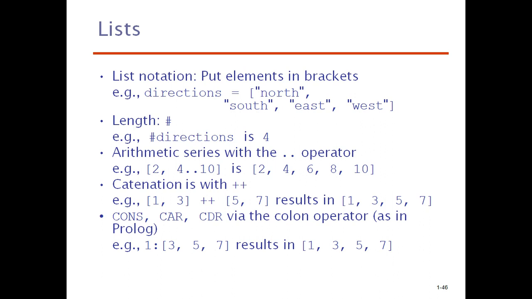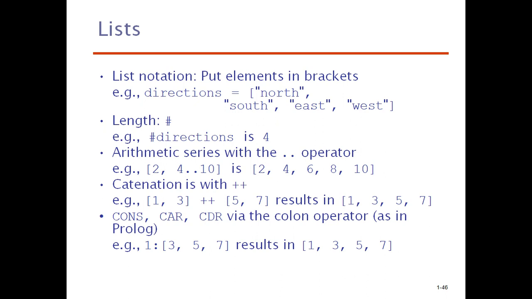A list can be represented with strings or with elements like integers, as shown here: 2, 4, 6, 8, 10, or north, south, east, west using strings. Next, to know the length of a list, it is very simple. Prefix a hash symbol at the beginning of the list name, and it will return the size of the list.